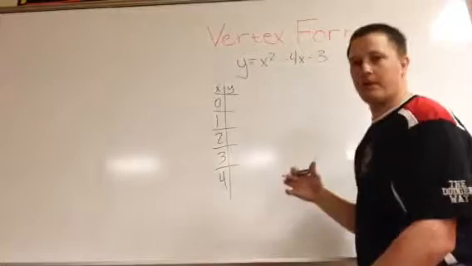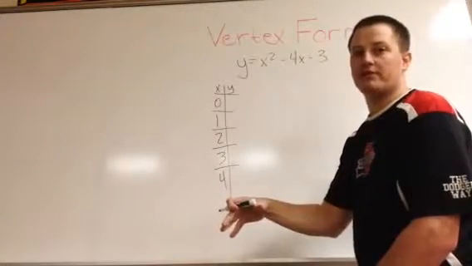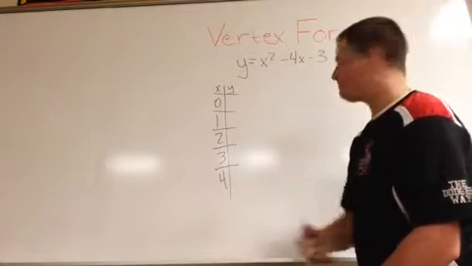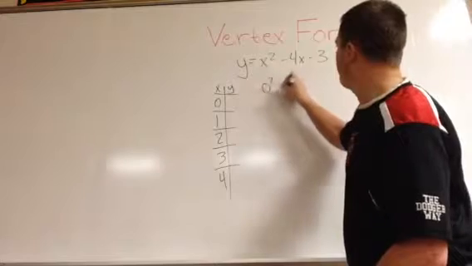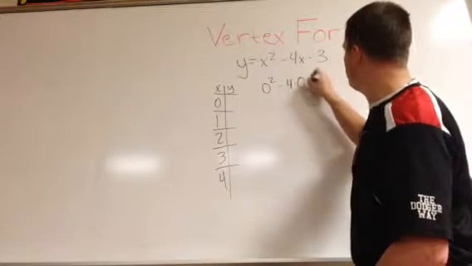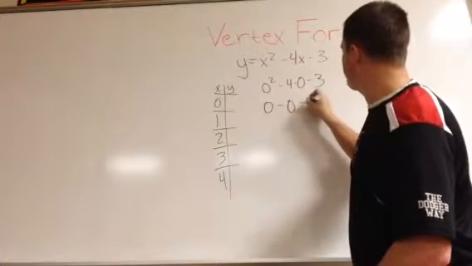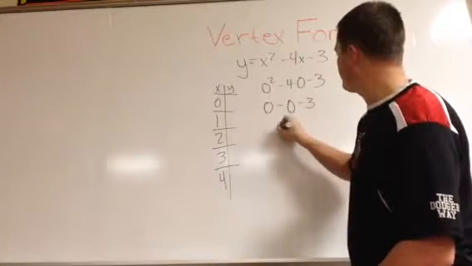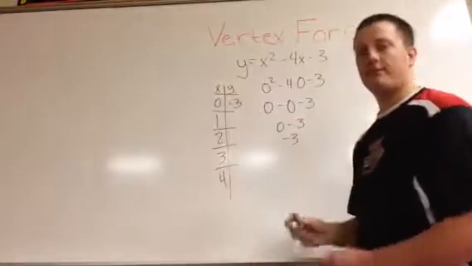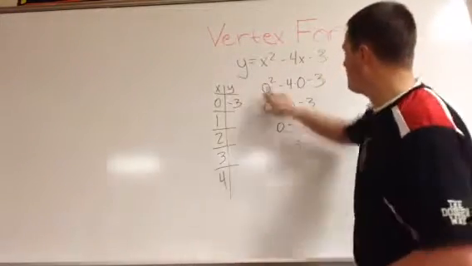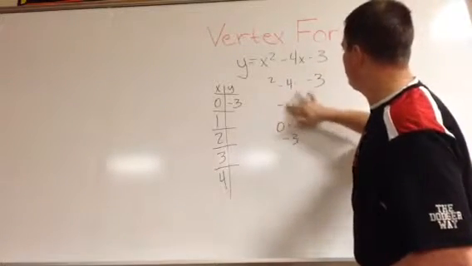So we're going to go through the process of finding all these points so we can graph it, find the vertex, and create vertex form. So I've got 0 as negative 3. I'm going to go through this process for each of my x values.